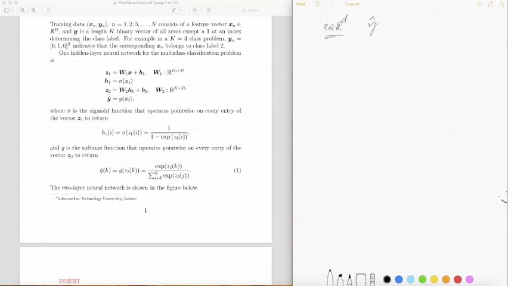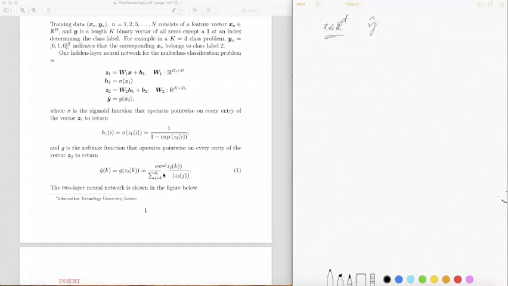And y hat is the final layer, which takes Z2 and applies the softmax function. Again, to remind you, y hat is the probabilities, and the length of y hat is k, where k is the number of classes. The softmax operation takes the last layer, Z2, and renormalizes it so that it sums to 1. We use these exponentials to make it numerically stable.